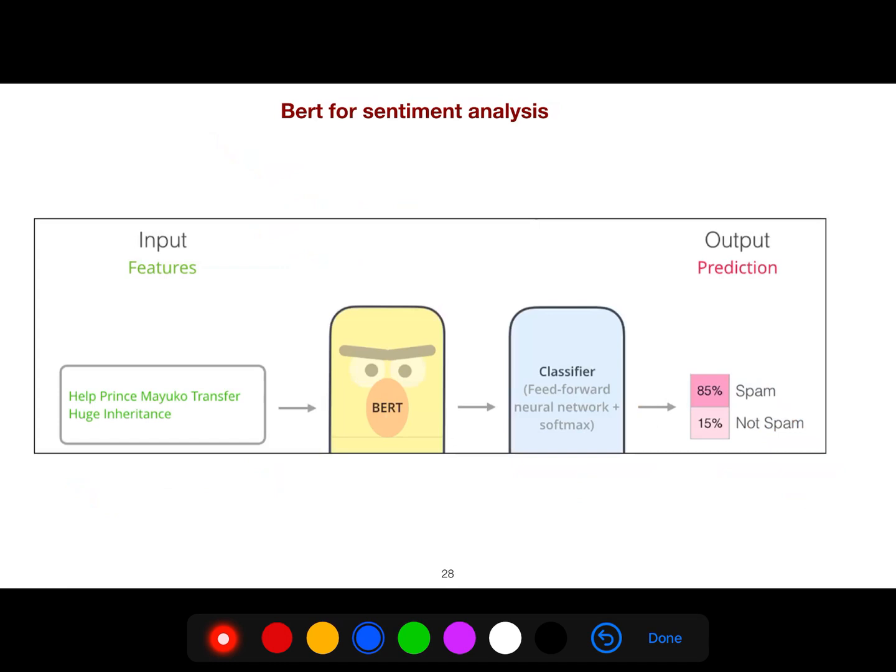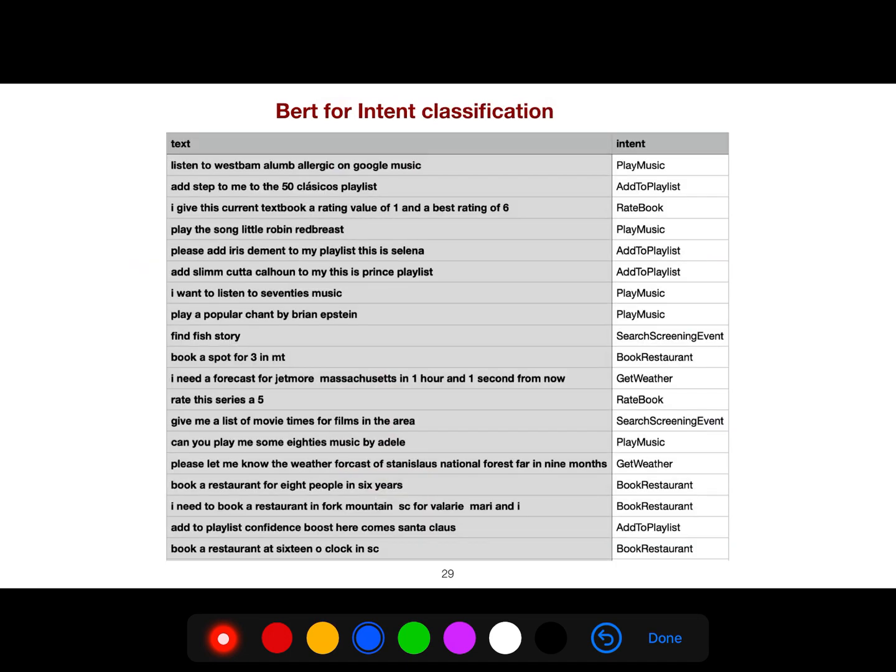For example, Elon Musk says something, you can see if the sentiment of that is good, it raises the market or not. And BERT for intent classification, which I will provide the code for as well in my GitHub repository. So when you say listen, it means play music. So all of these are the intent.